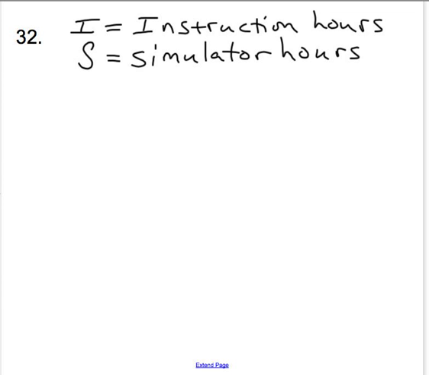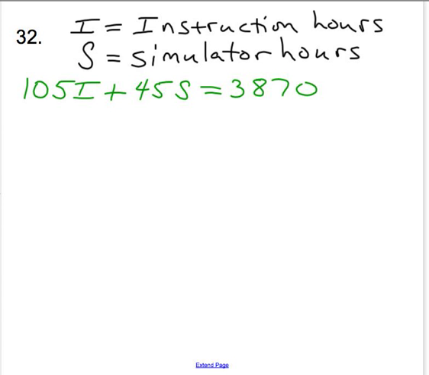Now back to my equations. All those dollar values tell me they kind of all go together. Like it's $105 for every instructional hour that he uses, plus $45 for every simulator hour that he does. And that total cost of instruction and simulation cannot exceed $3,870.